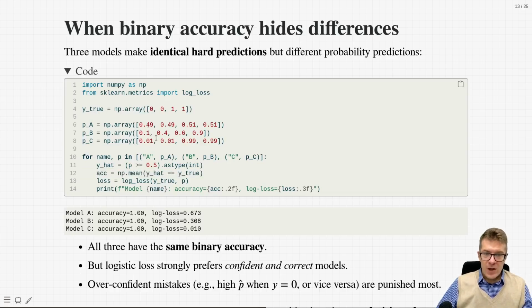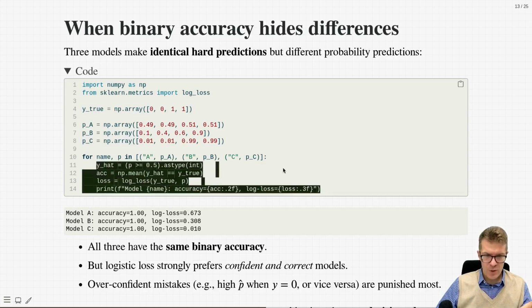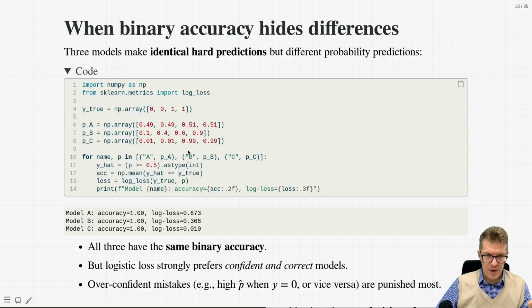Now, you can go through this yourself, and you can actually run this yourself to satisfy yourself that these results are accurate. But each of these models, A, B, and C, are going to have the exact same accuracy according to this decision rule, and they're all going to be perfectly accurate. Okay, but the first model has a log loss of almost 0.7, and then model C has a log loss of just 0.01, which is orders of magnitude lower.